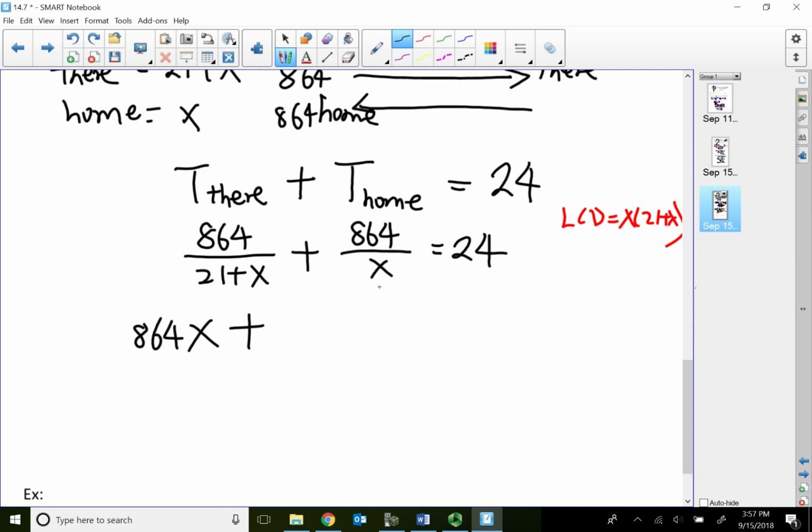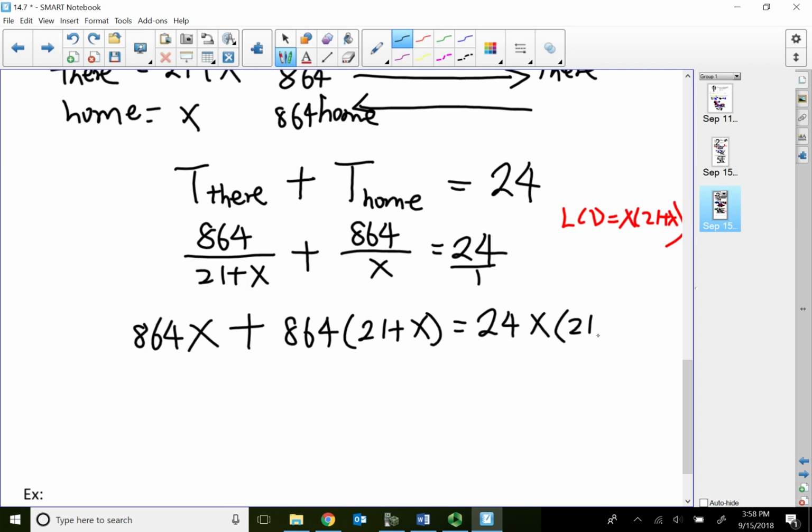The second denominator is missing the 21 plus x, so we take that times my numerator, 864, equals. My third denominator has neither x nor 21 plus x, so nothing will cancel. We take that times the numerator 24.